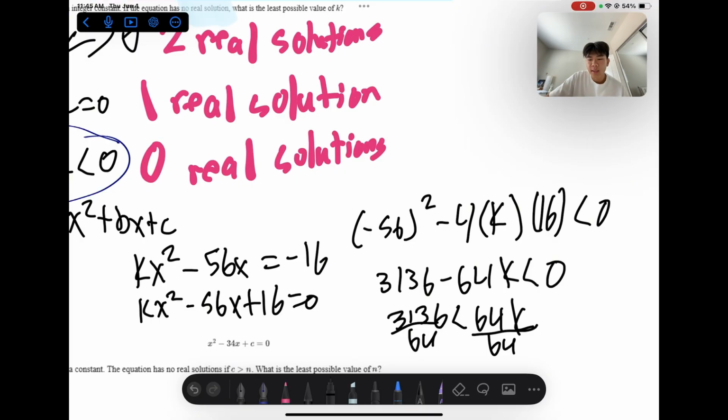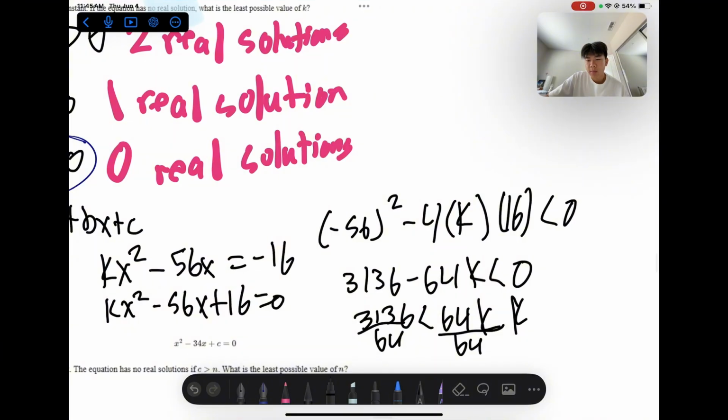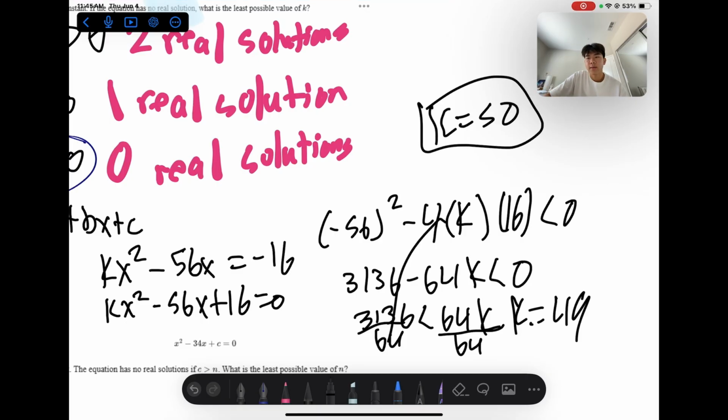You get 49, a whole number. But the trick is that you can't use 49, because 64k has to be greater than 3,136, not greater or equal to. So the next possible k we could use is 50. That's how you get your answer of 50.